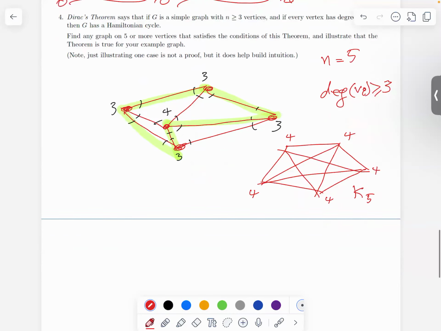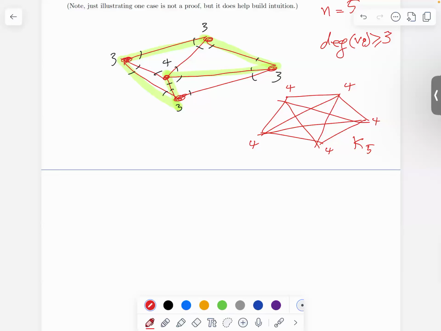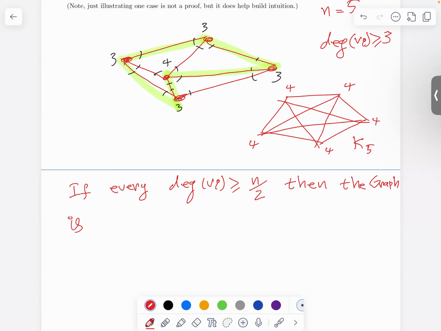Okay, so what's Dirac's theorem? If every vertex has degree more than half, then the graph is Hamiltonian.